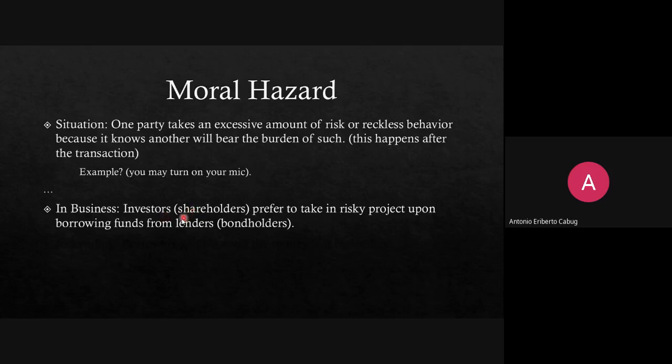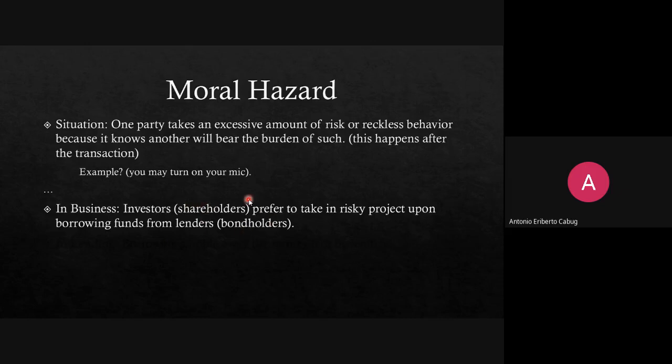So, investors and shareholders really like to take a lot of risk because when there are a lot of risks, usually risk is accompanied by higher returns. Okay? The riskier, the higher the returns are. So if you have high risk, the investors will feel more returns.